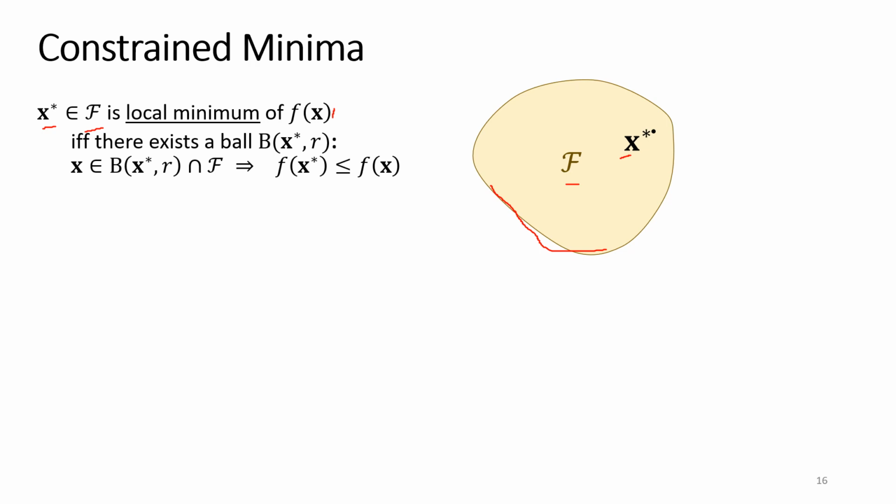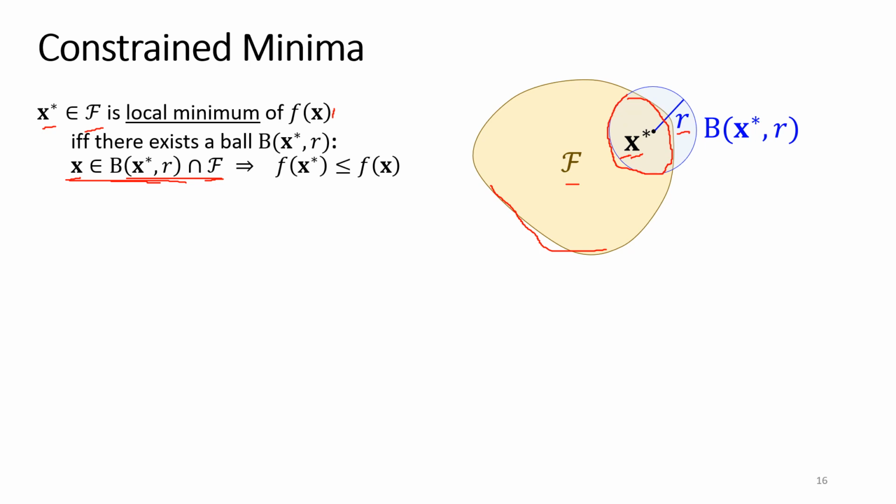If there exists a ball B(x star, r), in other words, a ball centered around x star and of some arbitrary radius r, such that for all x belonging to the intersection of the ball and the feasible region, which is this region here, f of x star is less than or equal to f of x.